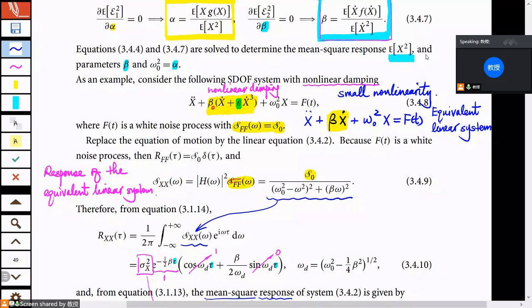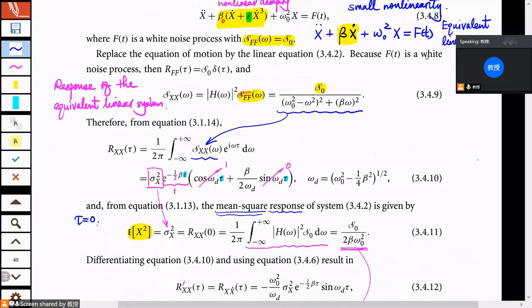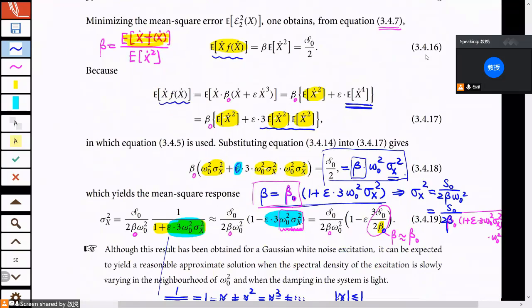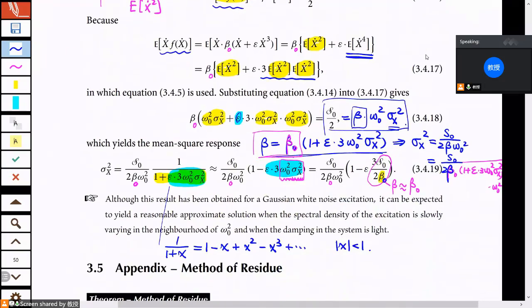Make sure you are clear about the relationships between the parameters beta 0 and beta. And you have assignment number 4.